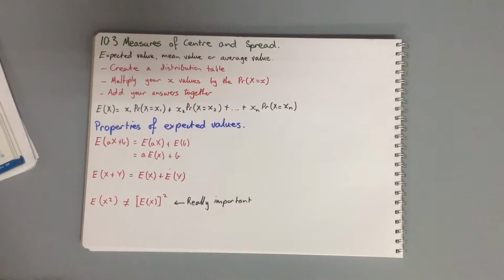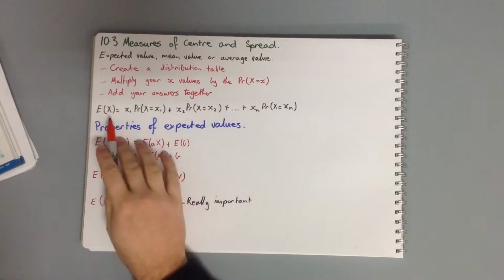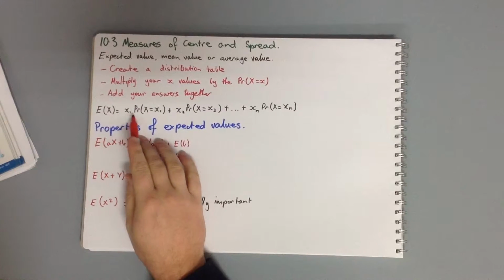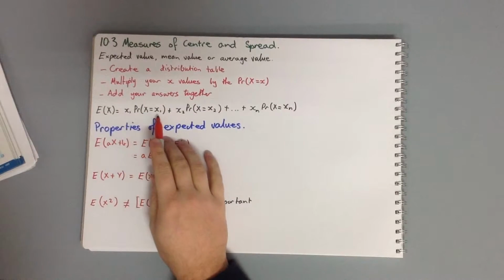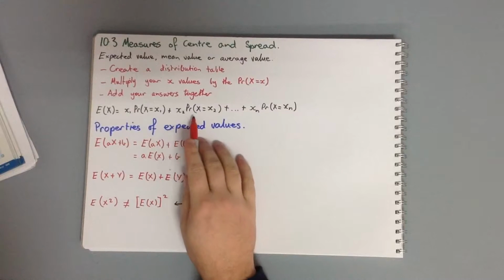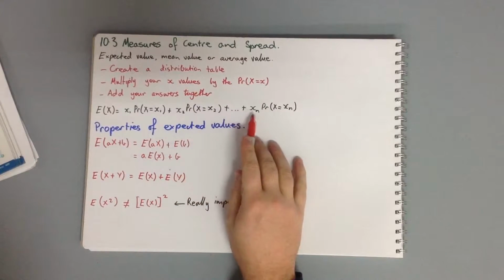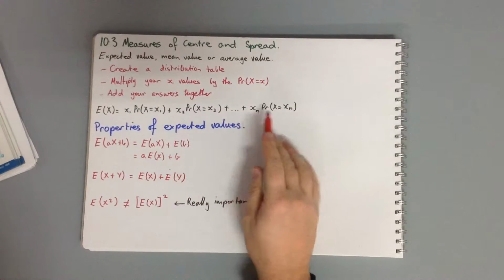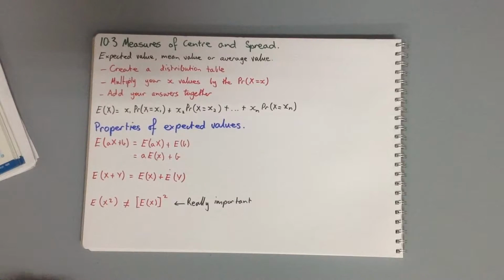So we have a formula: E of x equals x1 times the probability that x equals x1, plus x2 times the probability that x equals x2, all the way up to xn times the probability that x equals xn. We've got some properties for expected values.